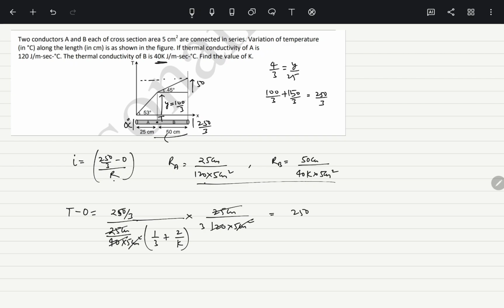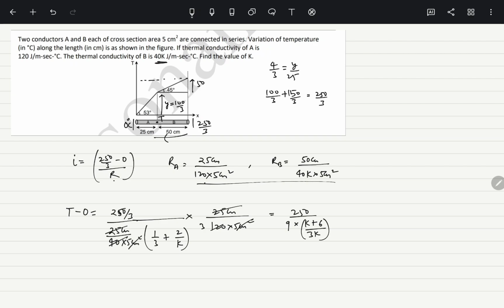So we'll have 250 by 3 multiplied by 9 into K plus 6 upon 3K. So I took common here, and that is equal to T minus 0.